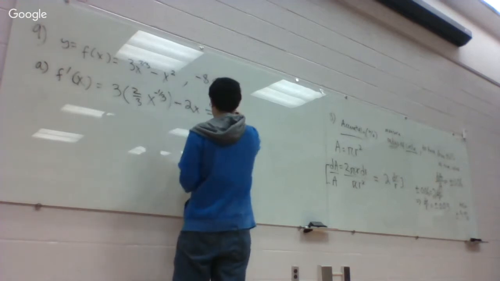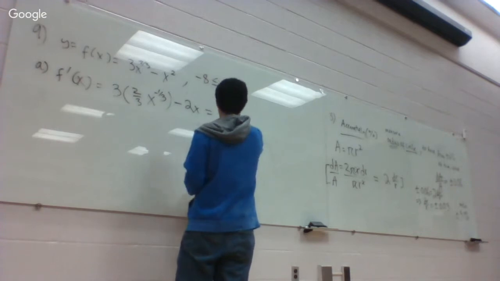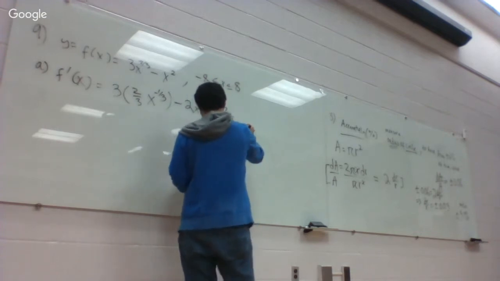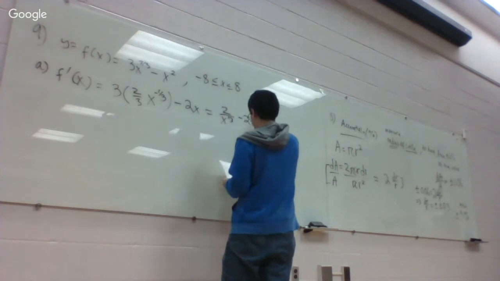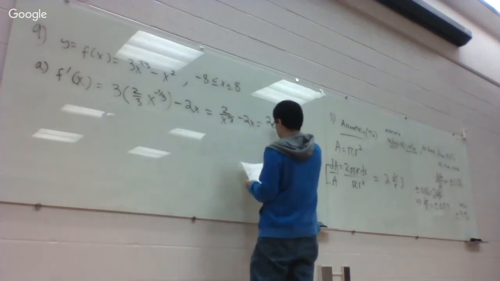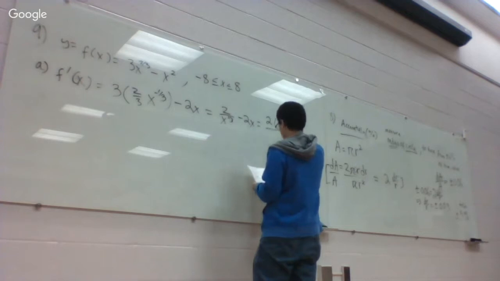That's equal to 2 over x to the 1/3 minus 2x. That's 2 times 1 minus x to the 4/3 all over x to the 1/3.